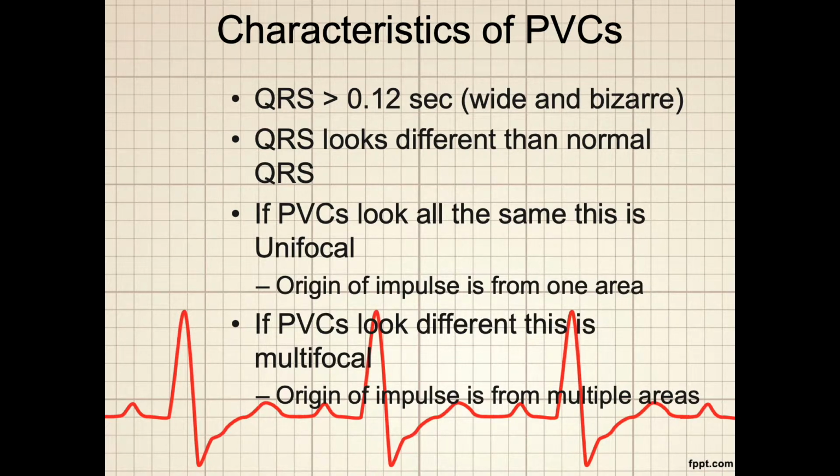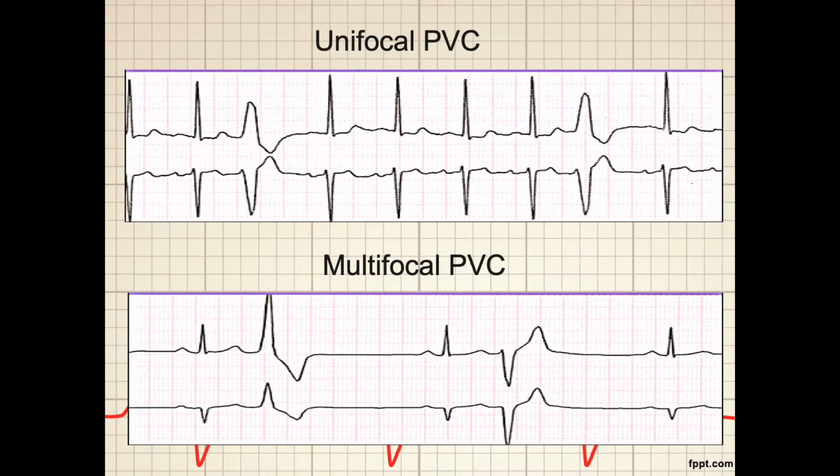If the PVCs look different, this is multifocal, and this means the origin of the impulses are from multiple areas. In the example above, you see that the PVCs all look the same, unifocal PVC. However, on the bottom strip, the two PVCs look different, indicating that the impulses are coming from different areas. We should call this multifocal PVC.